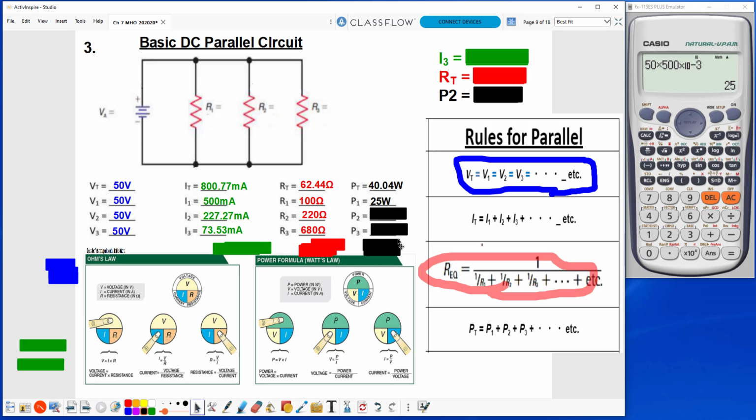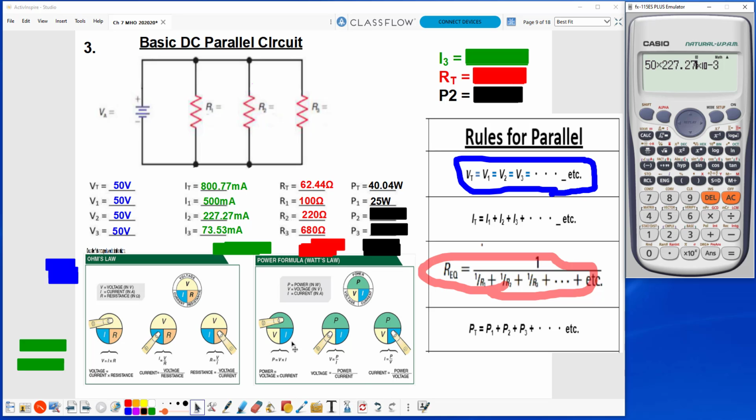Next, I'm going to do P2, which is equal to I2 times V2. I've already got the V in there, so I just scroll up and I change the I value out to 227.27 milliamps. This is my milliamps, and this is my voltage.